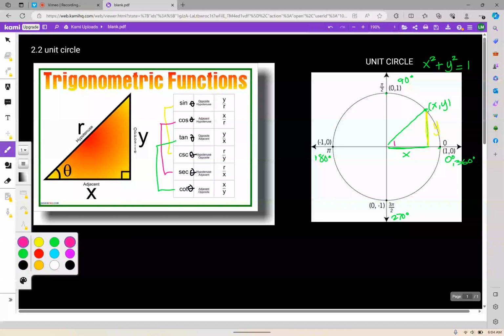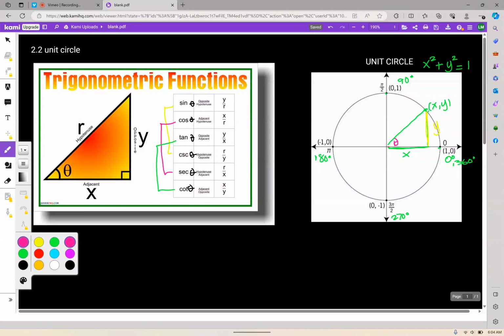If I put theta here, and theta will always be drawn between the terminal side and the x-axis. All right, so we'll always be drawing back, and I'll talk about that in just a second. But as I look at this from this angle, if I want to talk about the sine of this angle, I want the opposite side, which is y, over the hypotenuse, which would be 1.